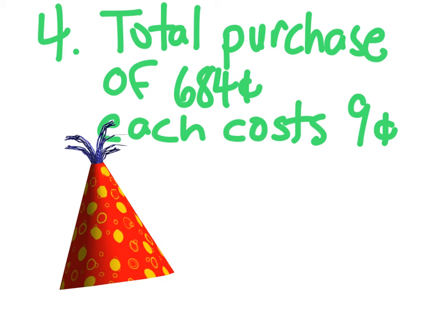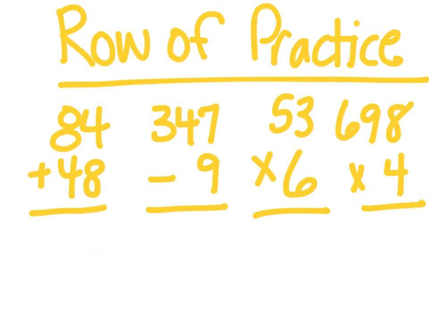Sam bought. Okay, so now I want you to do a row of practice, and you'll have to number these problems. I didn't really number them. The first one is 84 plus 48. The second one is 347 minus 9. The third one is 53 times 6. The fourth one is 698 times 4.